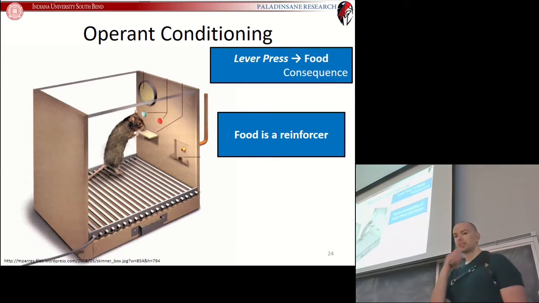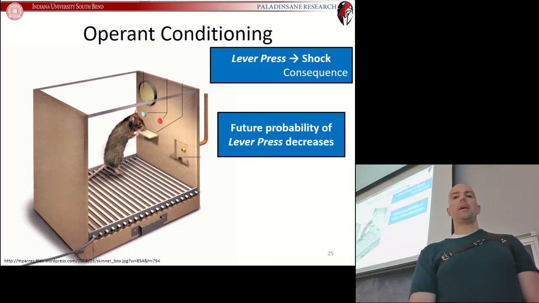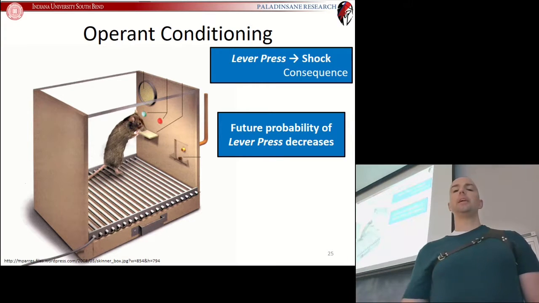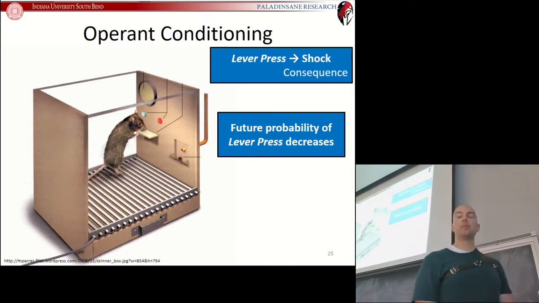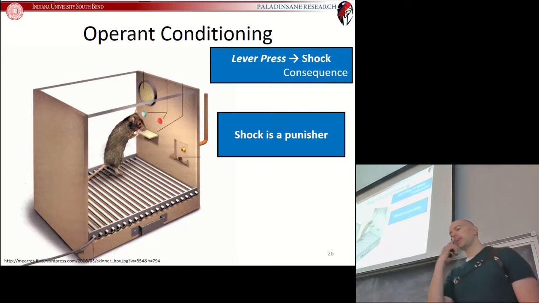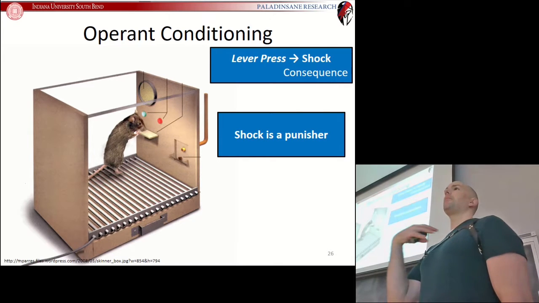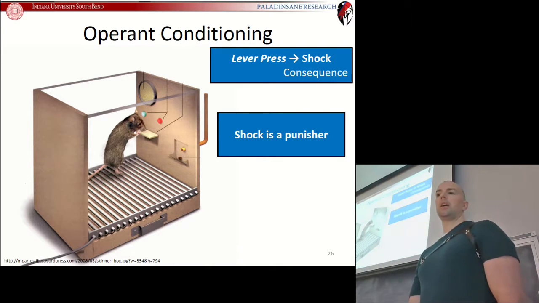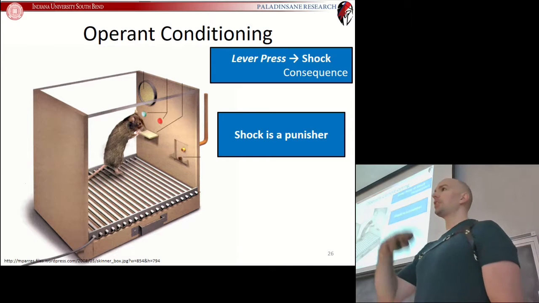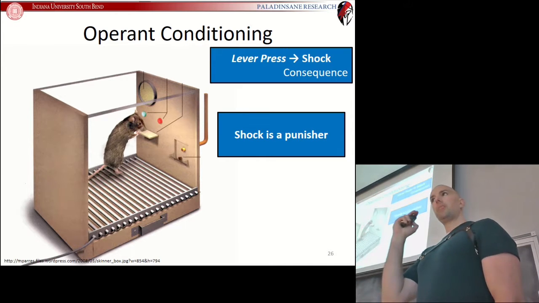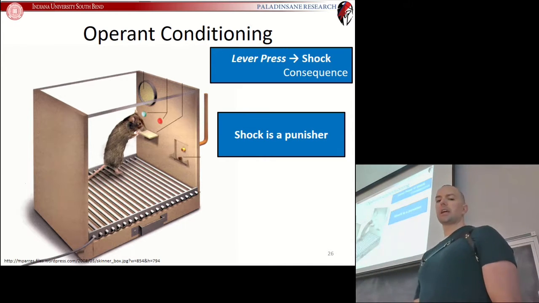On the other hand, a shock in this case leads to a decrease in the probability of future lever presses. That means that shock in this case is a punisher. Be very careful with this because we've already come with knowledge from our mainstream culture about what a punisher and a reinforcer are.